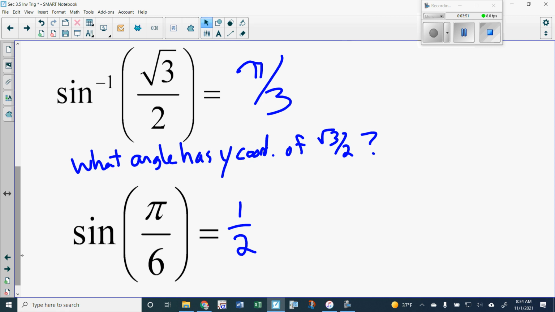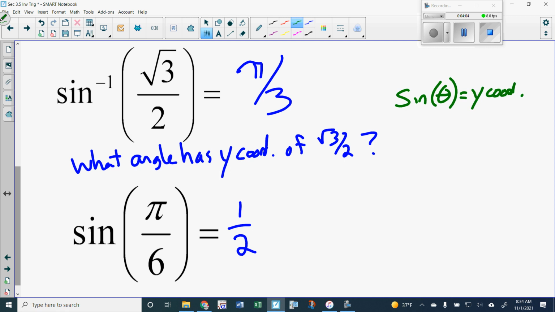You can either find the sine of an angle, right? If you remember from pre-calc, the sine of an angle is a y-coordinate, and inverse sine of the y-coordinate is the angle. That's the back and forth.